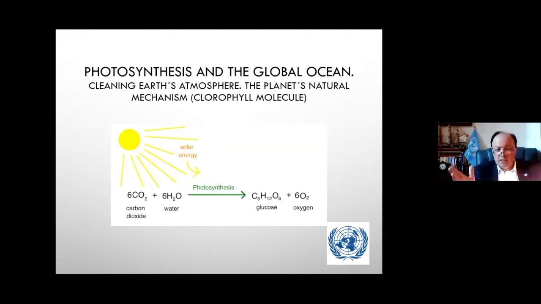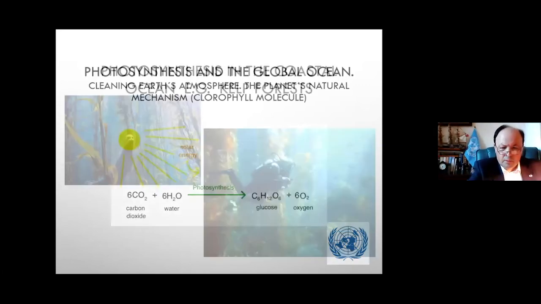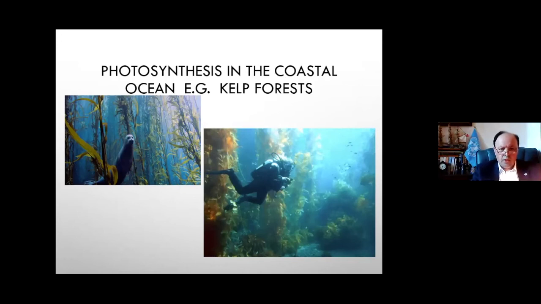Now the question is, how does this happen? We know that on land it happens on trees and leaves and everything. In the case of the oceans, one example happens in coastal areas, in what are called the kelp forests.